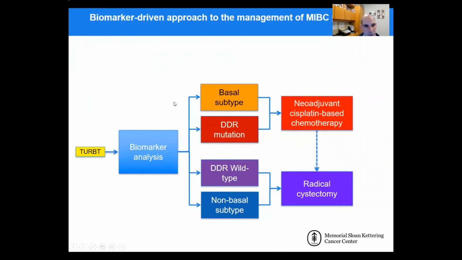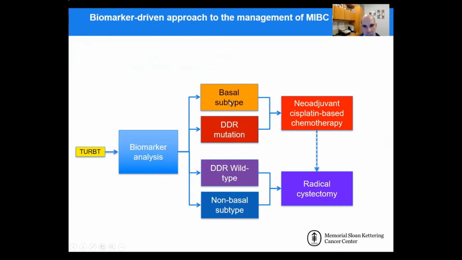An example of a potential cooperative group type study that has been discussed, and I believe is still under consideration, is based off this biomarker analysis, combining the DNA damage repair gene mutational status along with the presence of these molecular subtypes.